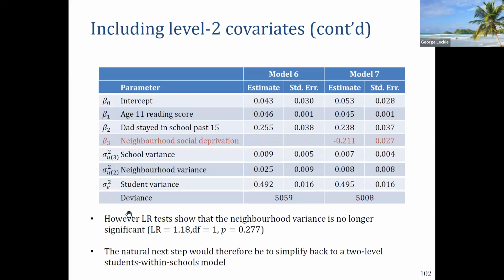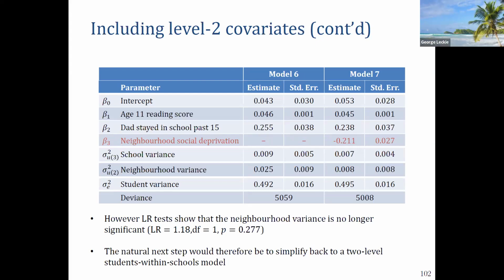Finally, what is worth doing is you should continue to always check: do I still need a cross-classified model? And with some more variables, do I still need it? Here, what it's suggesting is that in the final model, the neighborhood variance is so small and imprecisely estimated that if we took it out of the model, we'd have a more parsimonious model.